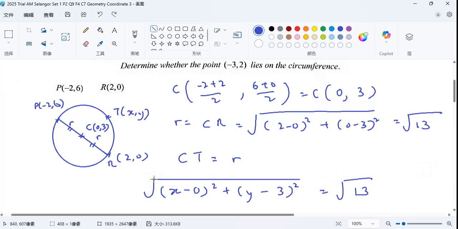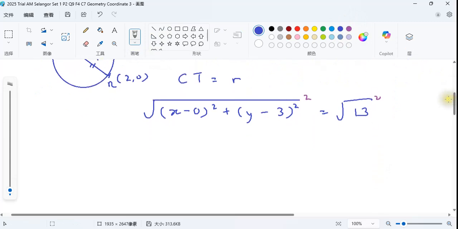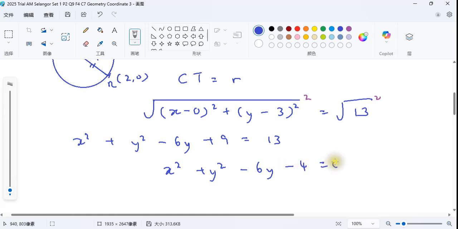So we square both sides and expand the terms inside. Then we have x squared plus y squared minus 6y plus 9 equal to 13. So the answer will be x squared plus y squared minus 6y minus 4 equal to 0. So this is the final answer.